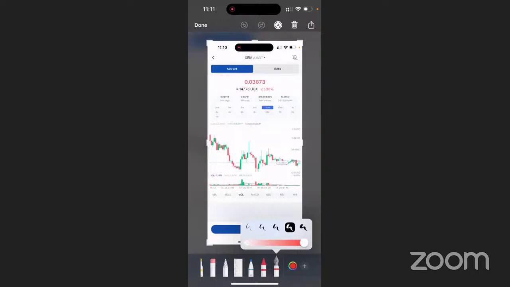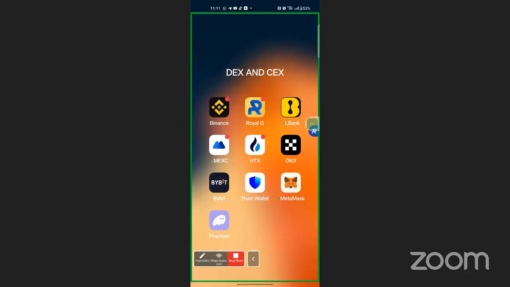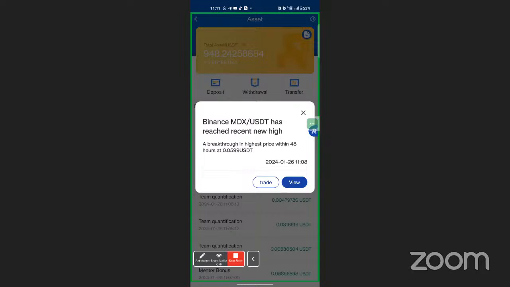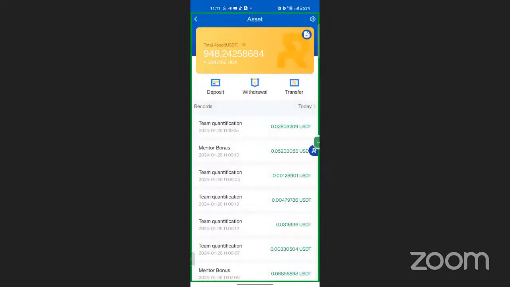Let me show it. How do you pick a coin using the indicators? Can you see my screen?